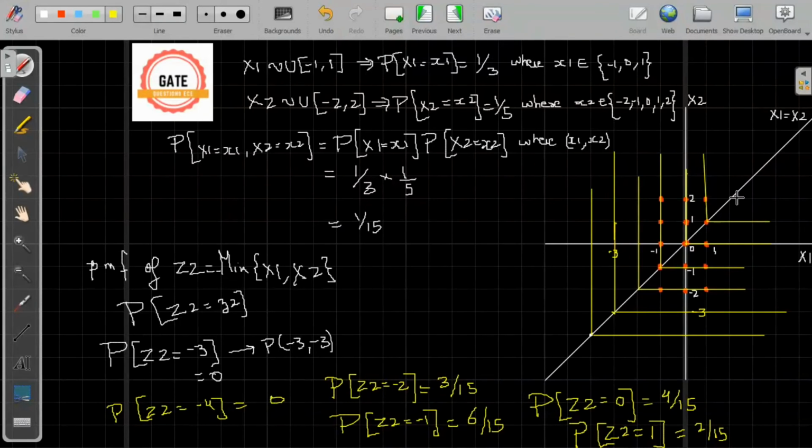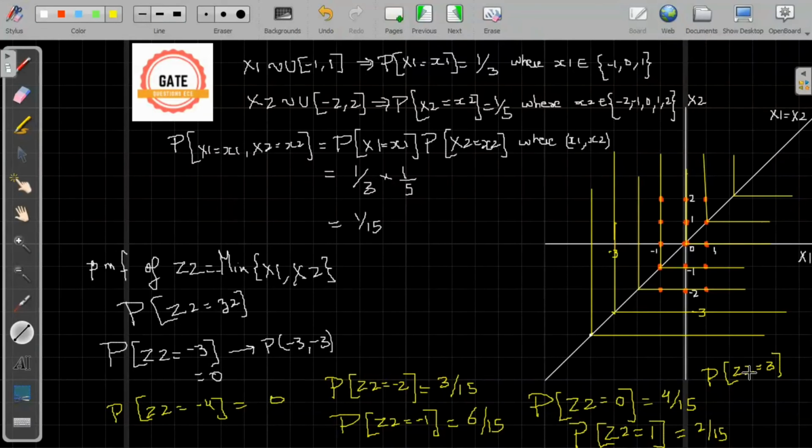For example, if I draw a boundary here for the case, let's calculate this case, probability Z2 is equal to 3. So corresponding to this case, the boundary will have corner at (3, 3). So let's draw this boundary also. So we can see here, between this boundary and these 15 points, there is no overlapping.